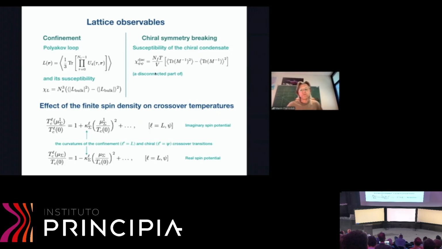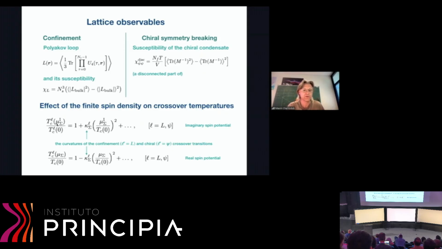And of course, since we work with imaginary spin potential, I always say chemical automatically, but it should be said spin potential without chemical. From a general point of view, we can imagine that the pseudo-critical temperature of the crossover transition should be a quadratic function of this spin potential to first order, and therefore the analytical continuation is very simple.